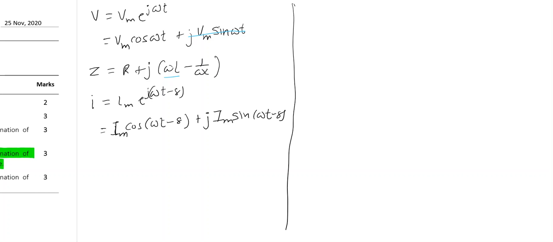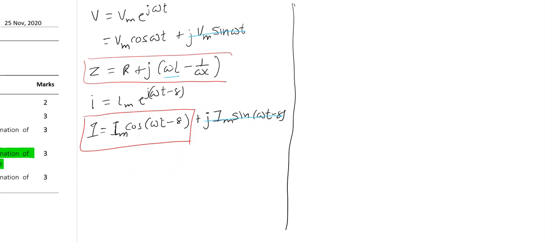Once again, we will not be using the imaginary part. So this is the equation of current which we have, and this is Z in general for the LCR AC circuit. For the given circuit, we will first decide what is Z, and then we'll check the current equation.